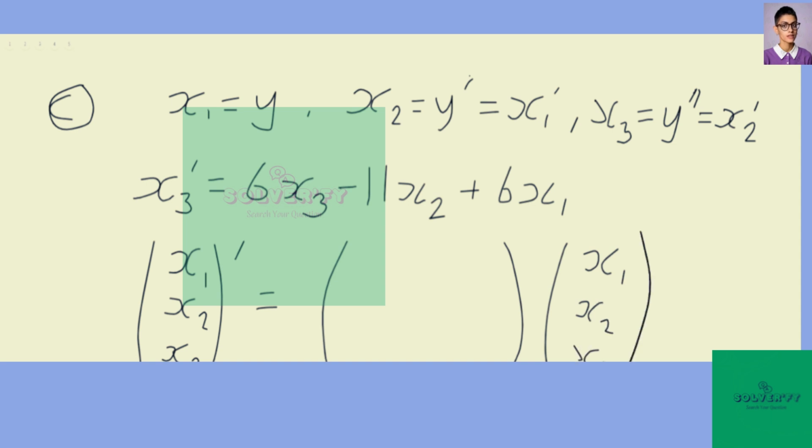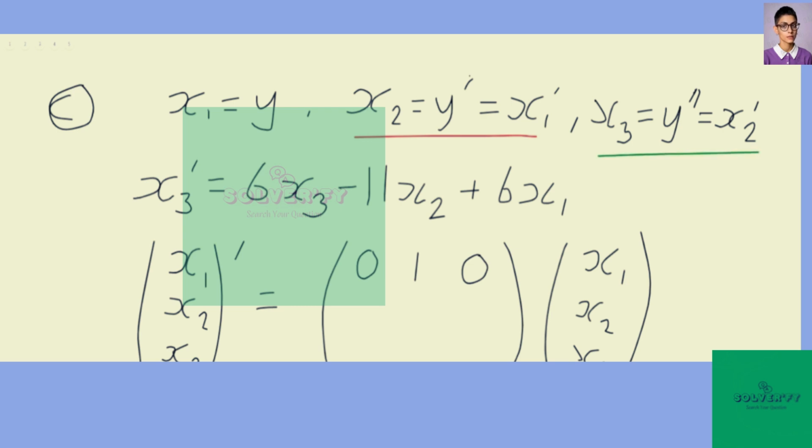So we need to write these equations at the top in this form. Starting with this one, we've got x1 prime is equal to x2. So there's no x1s, there's one x2, and there's no x3s.